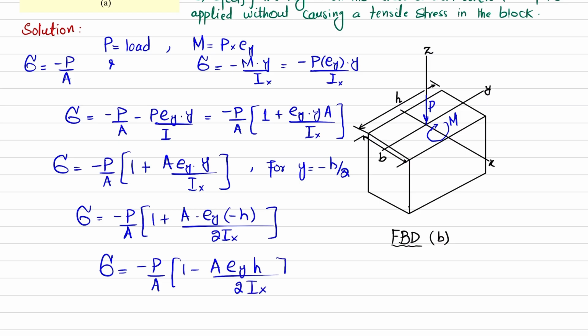If you multiply it with this, it will cause compression, and if you multiply it with this, it will be positive, meaning there will be a tensile stress at this point.